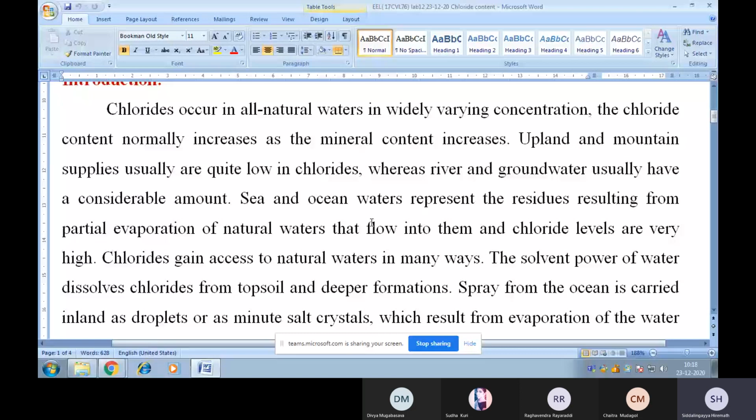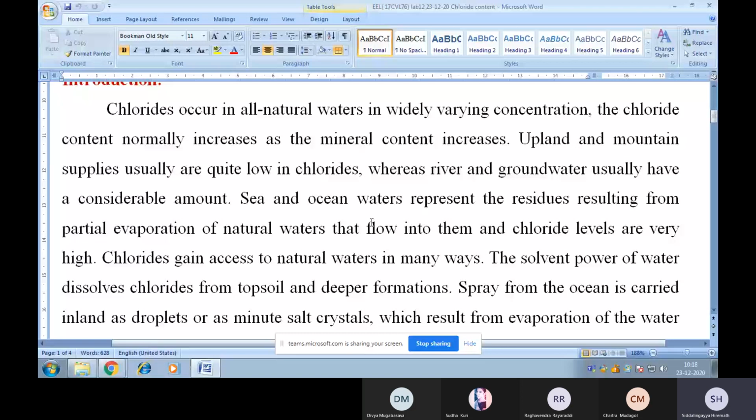Now, as I told you, the upland and mountain supplies usually are quite low in chlorides, whereas river and groundwater usually have a considerable amount of chloride. Sea and ocean waters represent the residues resulting from partial evaporation of natural waters that flow into them, and chloride levels are very high. Chlorides can exist in natural waters in many ways.